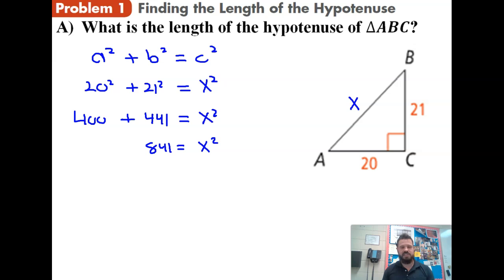And then to get the x by itself, to get rid of the squared, I'm going to square root both sides of the equation. Because squaring and square rooting are opposite operations, they'll cancel each other out. Usually you won't write this step, but the square root and the square cancel out. That's going to leave me with just the x on the right side. And if I plug in square root of 841 on my calculator, we get 29. All right, so we're at 29 for the length of my hypotenuse.